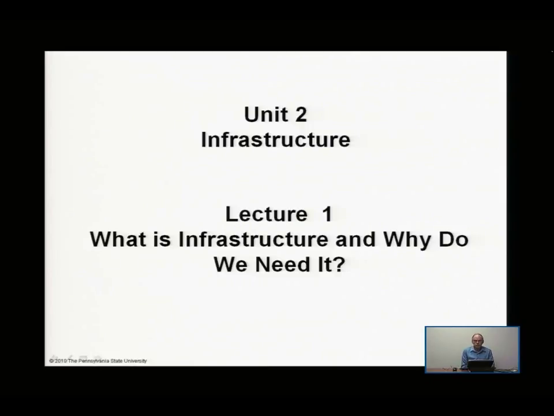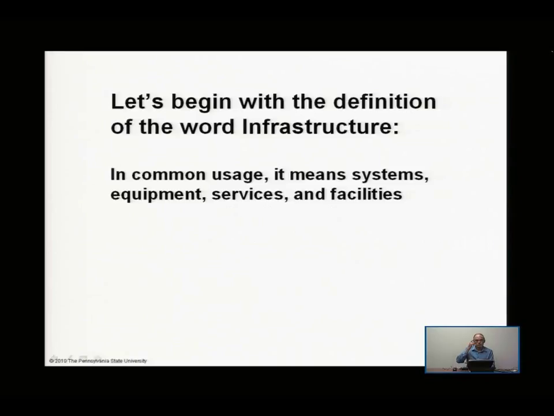So we're in Unit 2, Infrastructure, just beginning the unit with Lecture 1, What is infrastructure and why do we need it in nanotechnology? So let's begin with the definition of the word infrastructure. It's a word that you hear in common usage, and in common usage it means systems, equipment, services, and facilities.